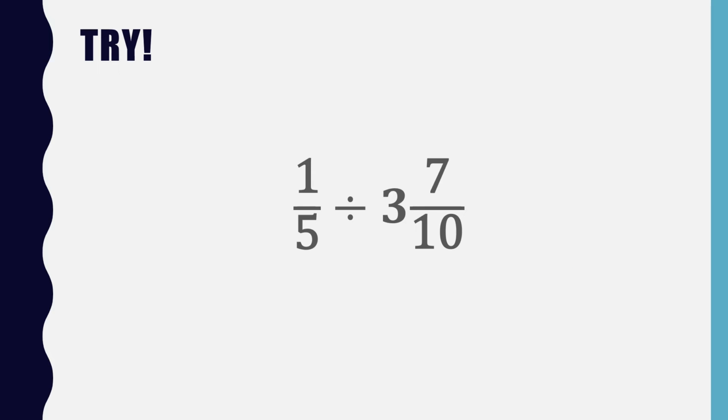Now we have here a trial problem. Divide 1/5 by 3 7/10. I will give you a few seconds to try and answer this problem. And then later on we will solve it together.